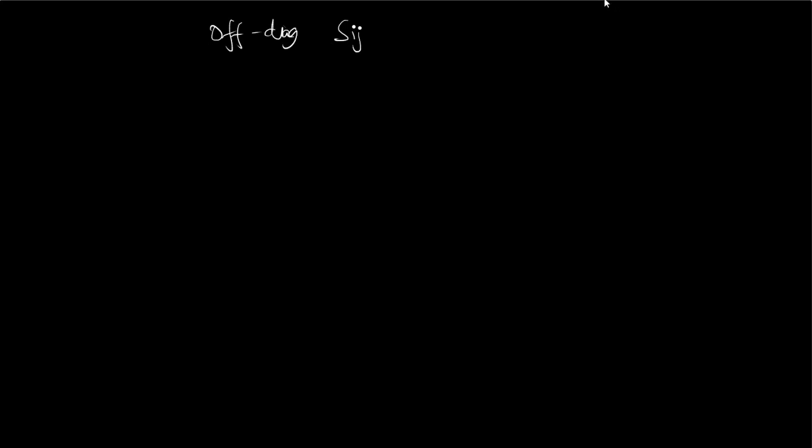We've already seen that the diagonal terms of Sij, which are S11, S22, and S33, are responsible for linear strain rates. Now, let us consider a fluid element as shown.